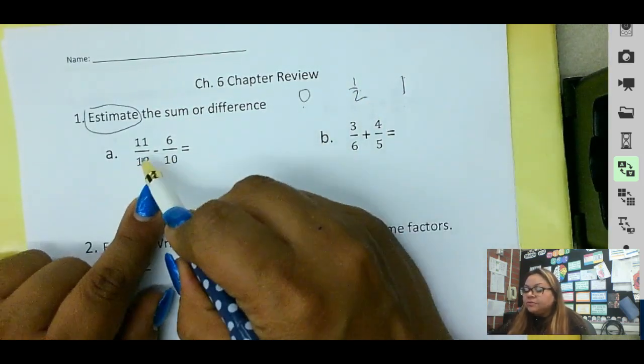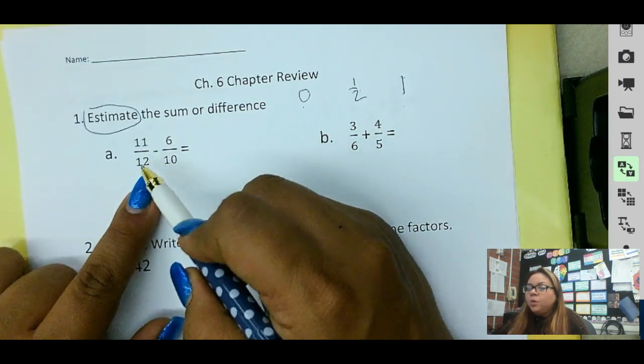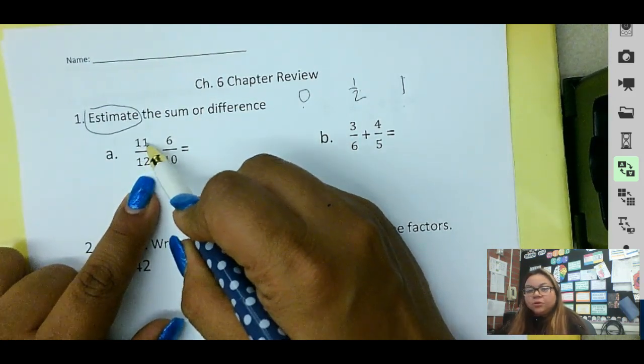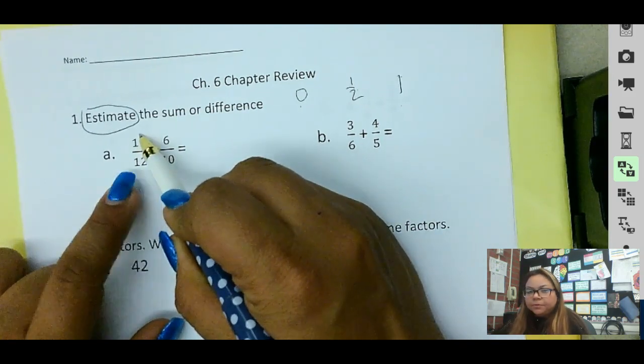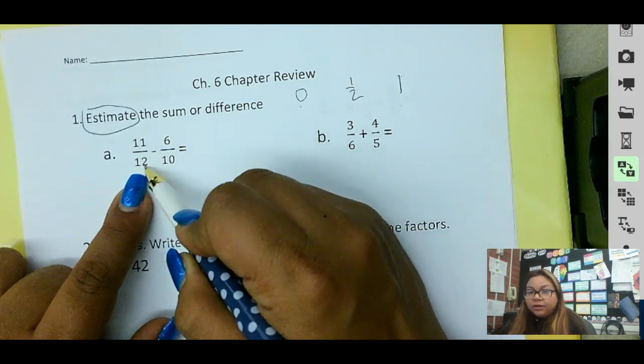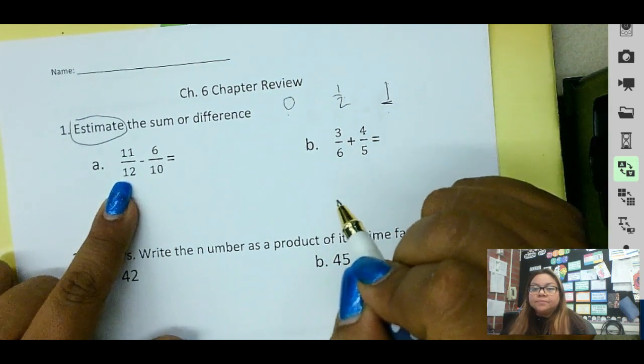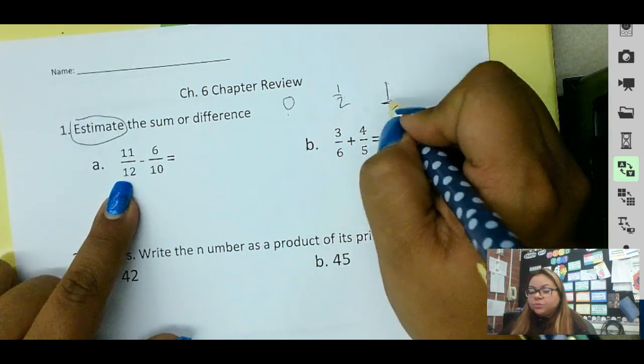Let's start by looking at the first fraction, 11 over 12. You want to compare your numerator, which is the top number, to your denominator. If your numerator is very close to your denominator, then that means that it's close to 1. So you want to round it to 1.